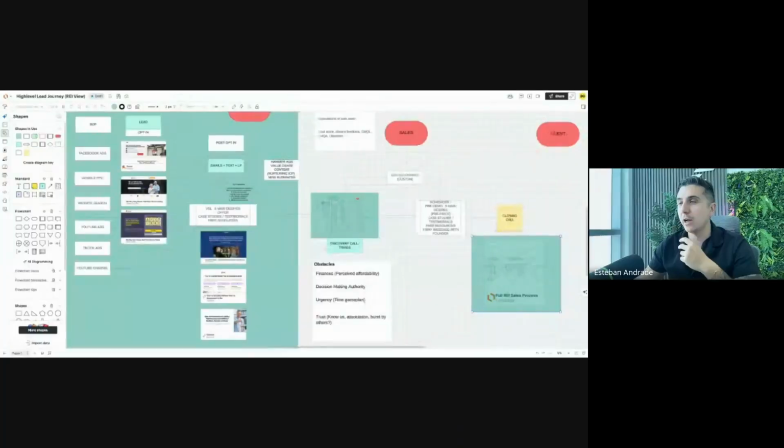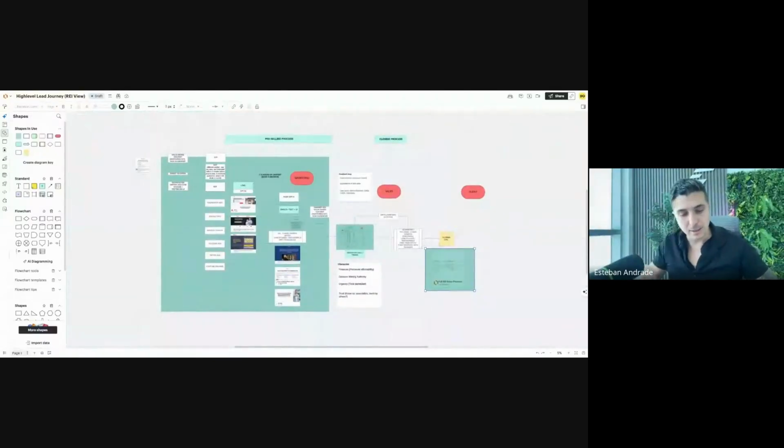What we have is a high-level lead journey in an REI business. All right. So this is very high level, and I want to show you guys what this really means. So we got here two parts of the closing process of a lead.